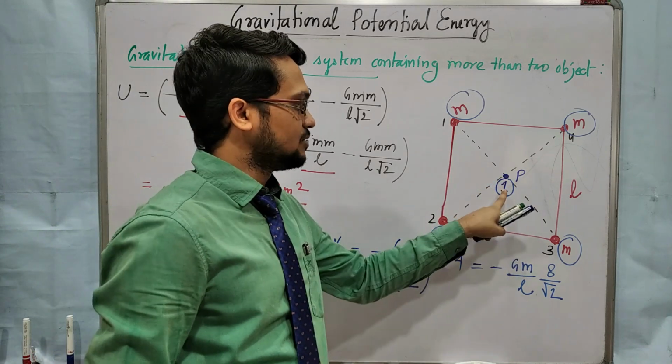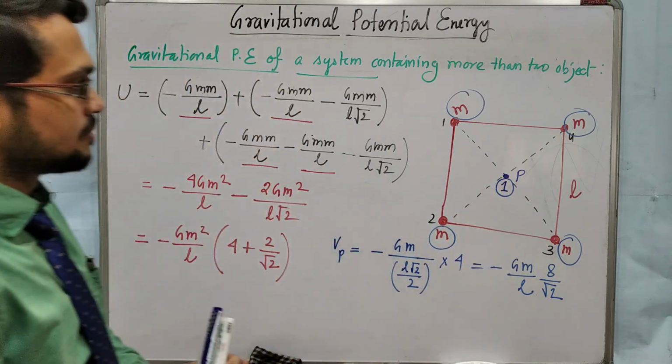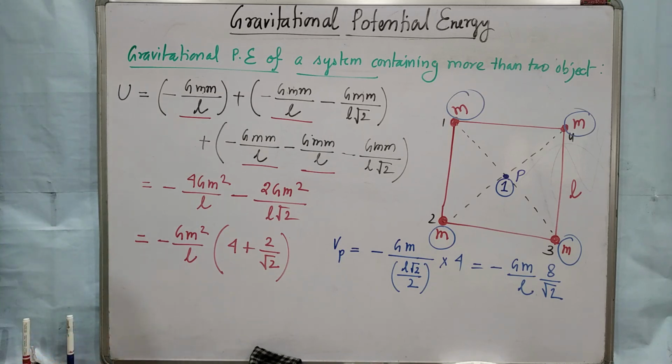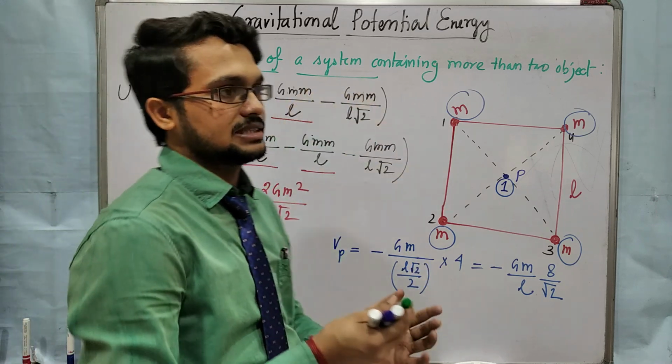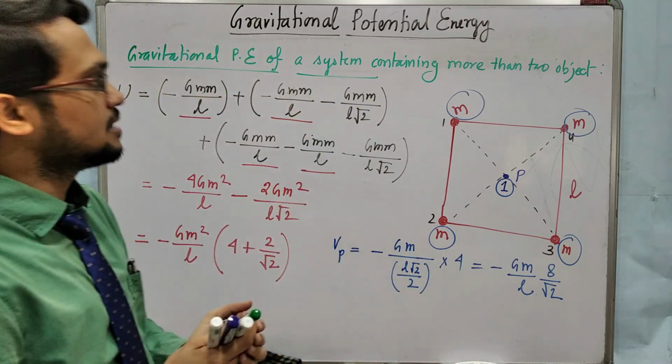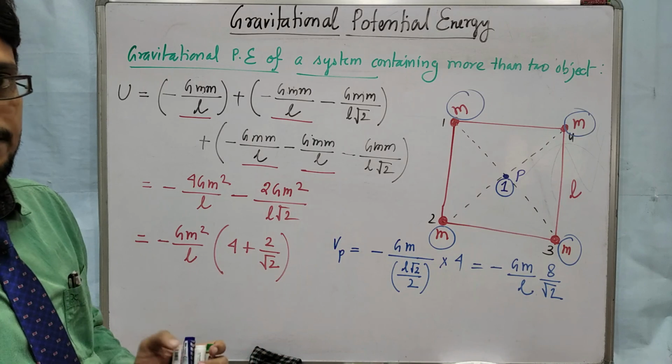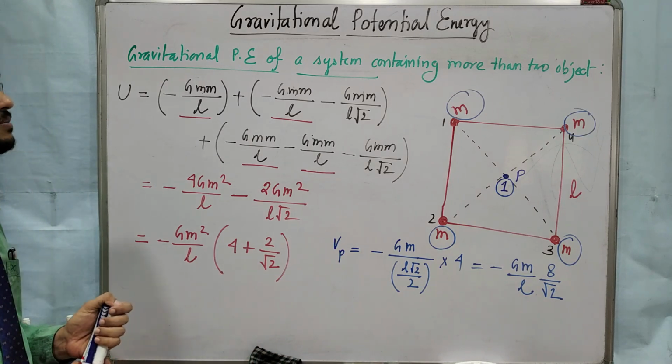Potential means take unit mass at that point, and potential energy means you have to consider both the masses. In this way we can find the gravitational potential energy of a system containing more than 2 objects. Clear? So this is gravitational potential energy.